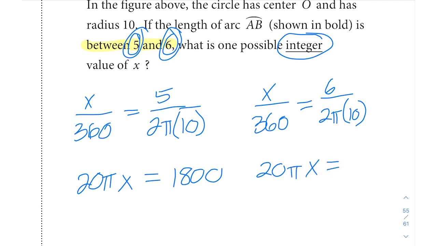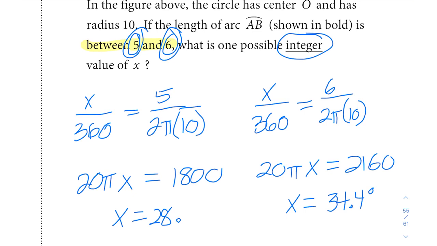But here, this is going to be 20 pi times x equals 1800. And then here, this is going to be 20 pi times x equals 2160. And if you divide each of those by 20 pi, you'll get x equals 34.4 degrees.